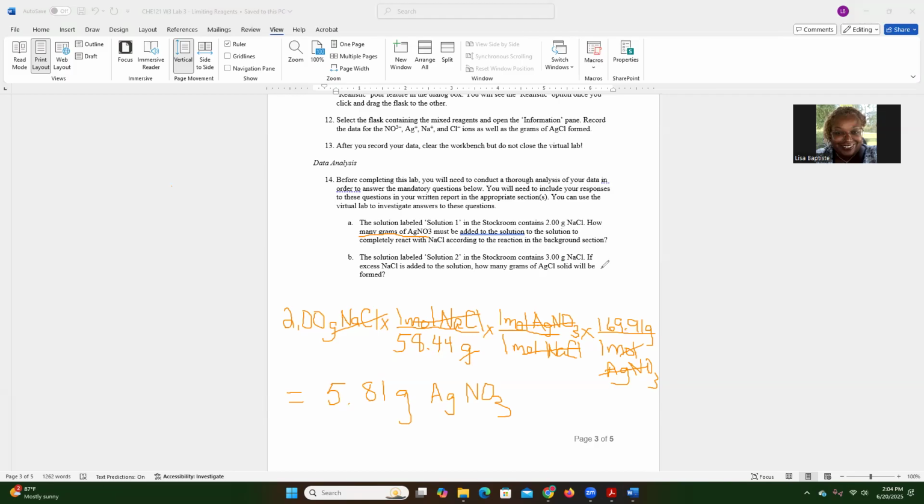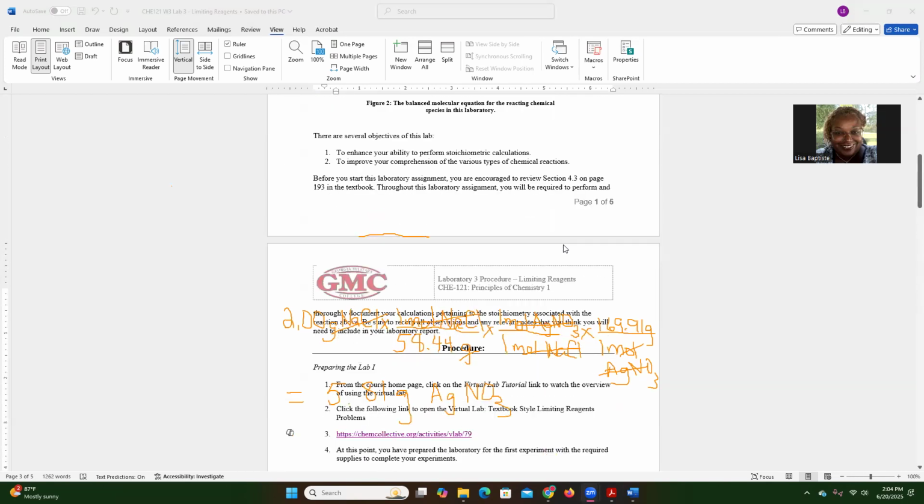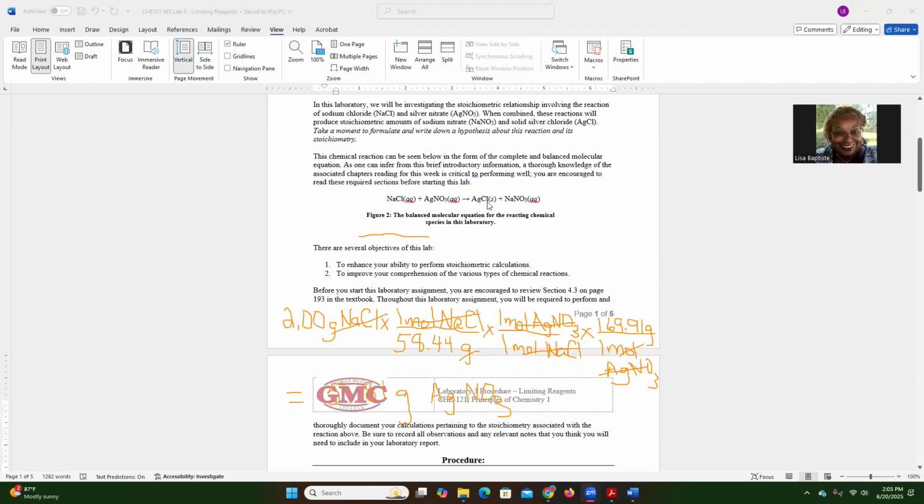Okay. And so your silver chloride, just want to give you a heads up, is on the product side. So silver chloride is the product side. Now you're looking at how much is produced.